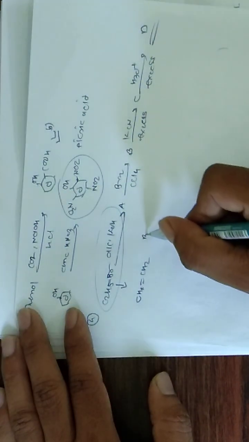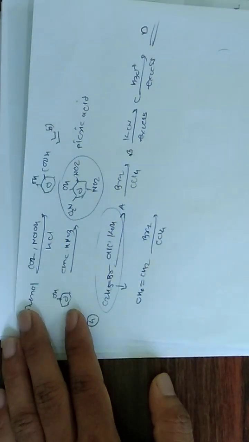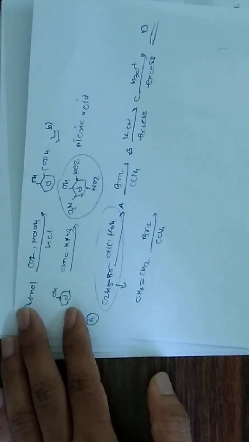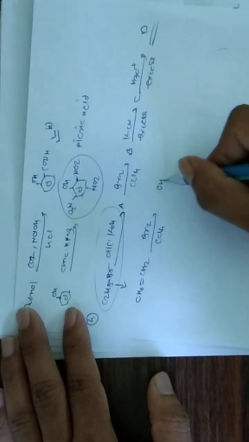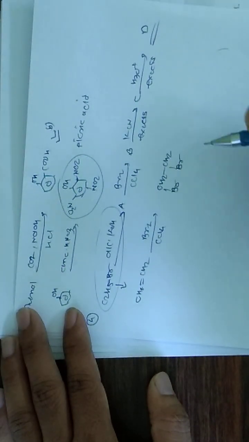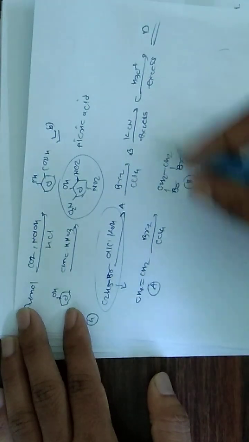After that, if it is reacted with bromine in CCl4, syn addition of bromine occurs here. So CH2Br CH2Br is B, and this one is A.